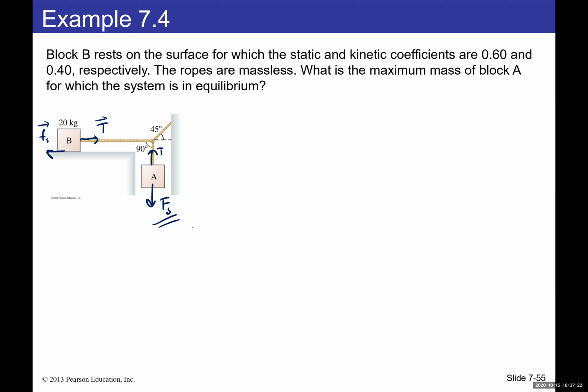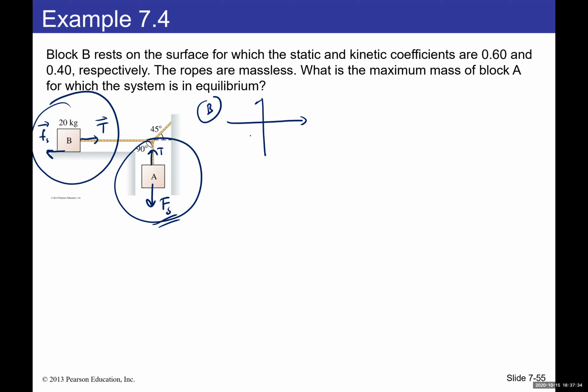Okay. Now, what we do for that is we start by breaking this down into 2 systems: system A and system B. Let's look at B first. For B, I have the object at the center. Remember, for the free body diagram, you put the object at the center, and then I look at all the forces acting on it.